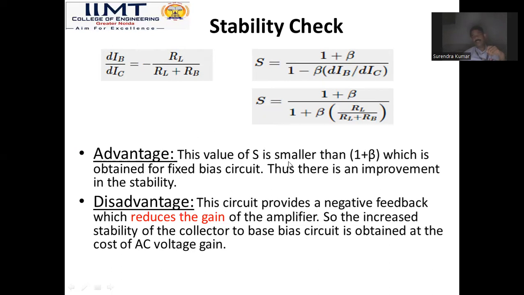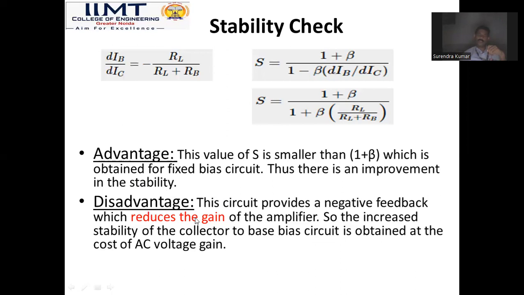This value of stability factor is smaller than 1 plus beta, which I discussed just before is obtained for the fixed biasing circuit. So we can say this circuit is better as compared to the fixed bias circuit.